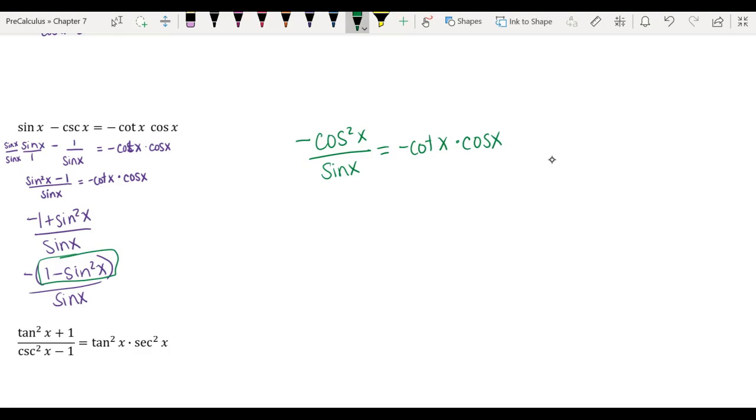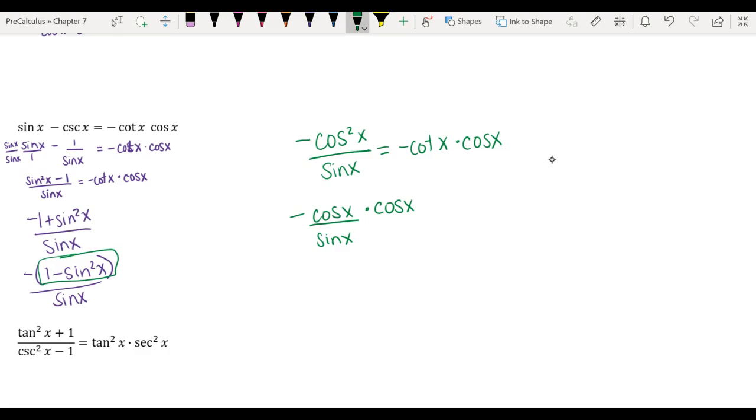And so what you can do here is, since this is squared, you can write it down twice, correct? That's what something squared means. So then you have negative cos of x times cos of x. And I'm just going to put sine of x under 1. It could go all the way and under both, but it kind of defines it as what we're going to see here.